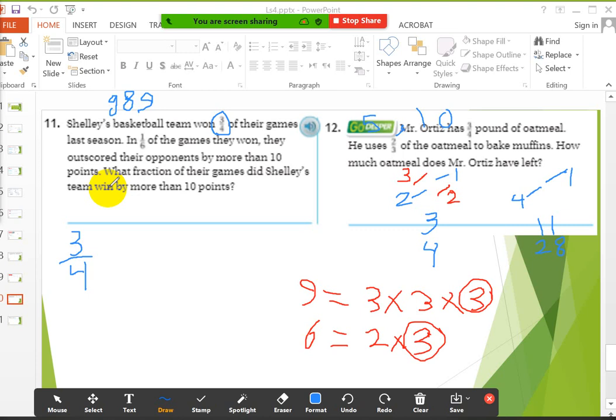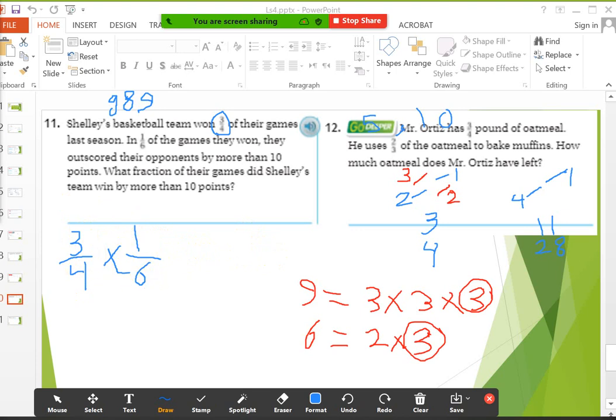That means they took more than 10 points. So if I want to find the number of games that Shelley's team won by more than 10 points, I have to multiply this fraction with the number of games that the basketball team won. That means 3 over 4 and 1 over 6.